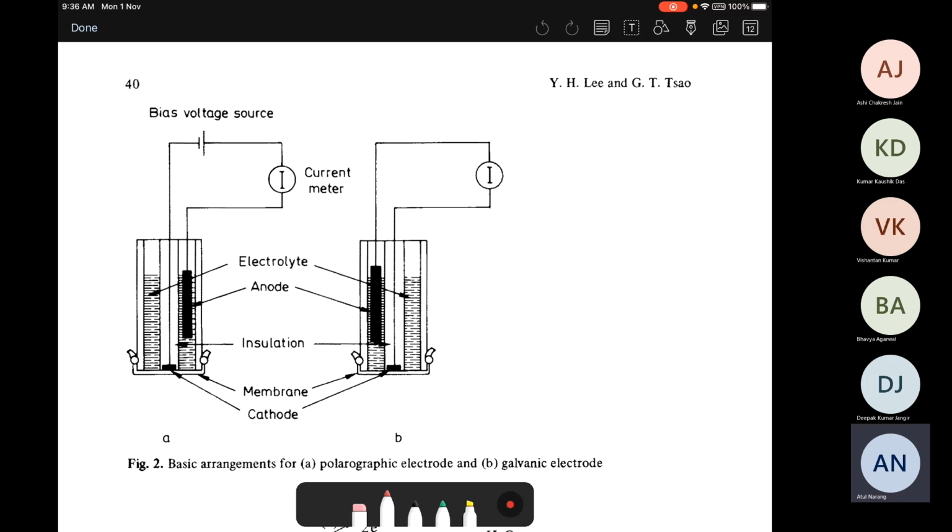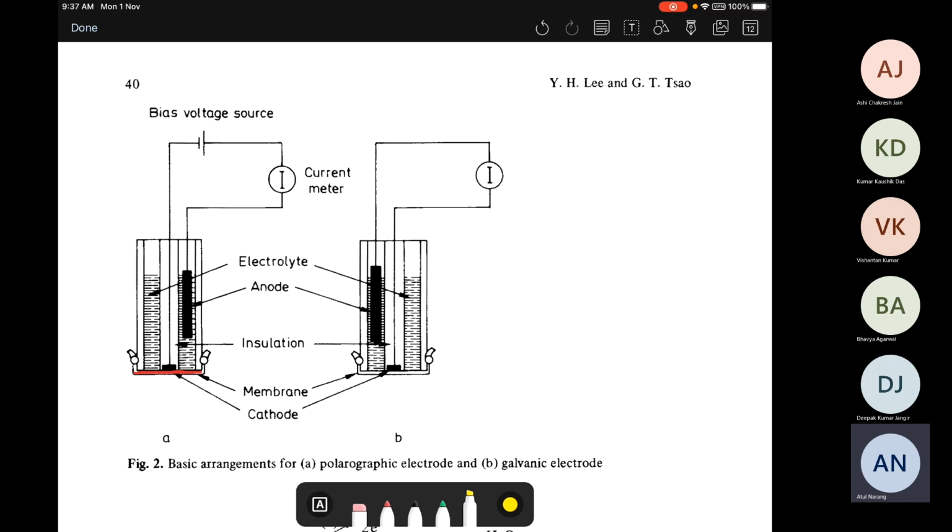I'm going to mark the membrane with a red color. So this is a membrane. Through this membrane, oxygen diffuses. So this probe is immersed into the liquid, and I'll explain the purpose of this membrane in a minute. Through this membrane, the oxygen diffuses to this platinum electrode, which I'm going to mark with a yellow highlighter.